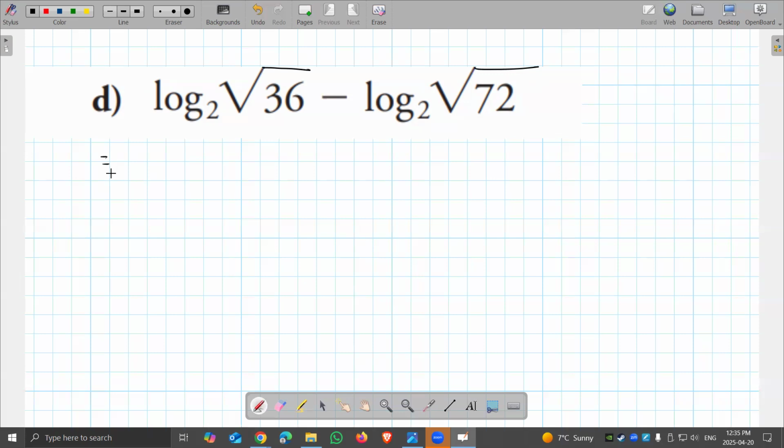What comes outside? So look at this. The power here is 1 over 2. I can even write it like this, log base 2 of 36 to the 1 over 2.